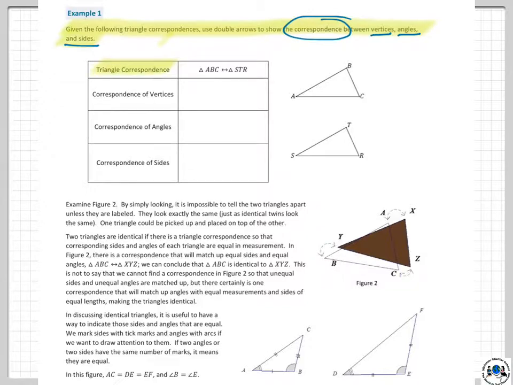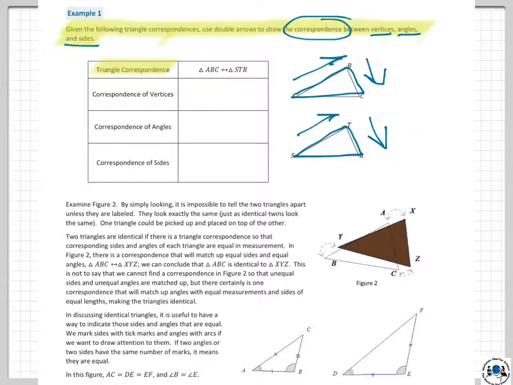Triangle ABC, moving that way, corresponds to triangle STR. So this is a pretty basic one, huh? All right, so go ahead and do that.